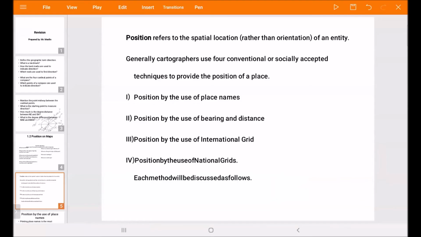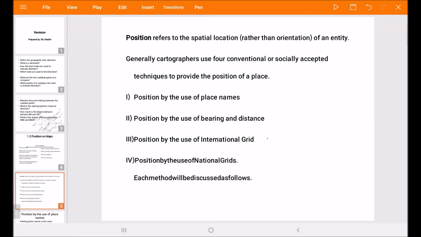In this grade level, we can discuss in detail two types: position by the use of international grid or geographical grid, and position by the use of national grid. But roughly, there is also position by the use of place names.